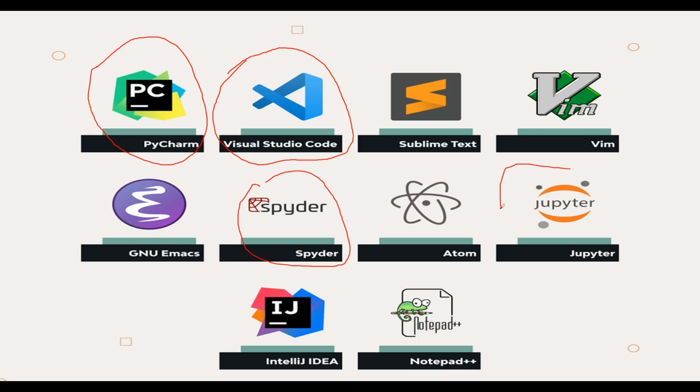And here is also one of the most popular Python IDEs, which is Jupyter Notebook. Jupyter Notebook is an interactive web-based tool that allows users to create and share documents containing live code, equations, visualizations, and narrative text.